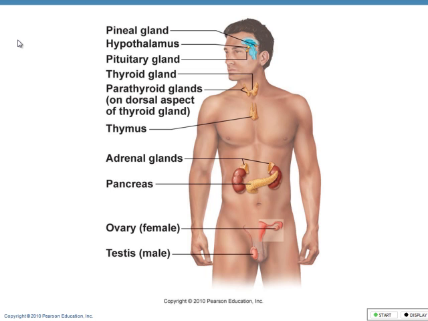So see how the nervous system can change what happens inside the cells. The endocrine system does it in a different way. That chemical is released by some of the different organs that we're going to discuss in this system. And that chemical, a hormone, will come in contact with a receptor on a cell that has a receptor for that hormone.